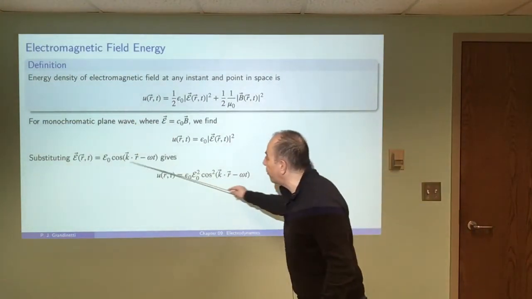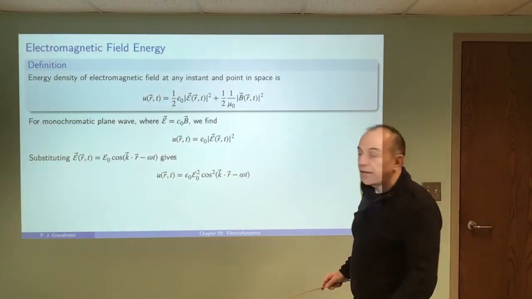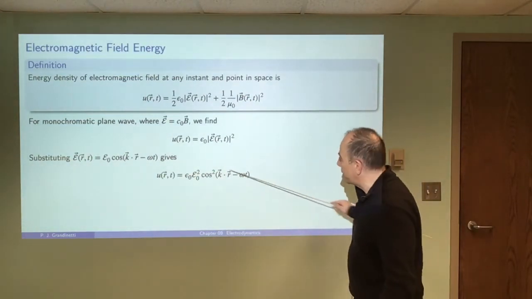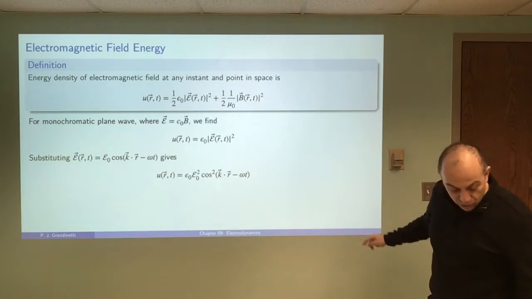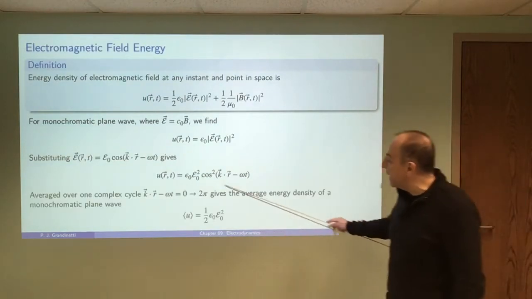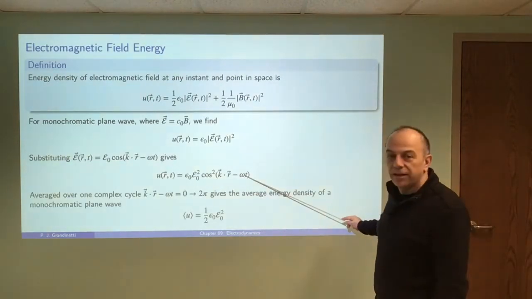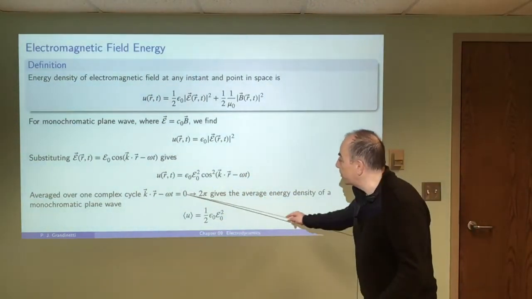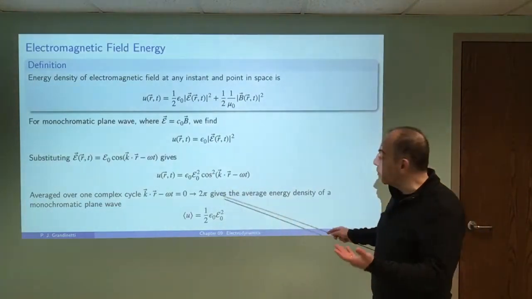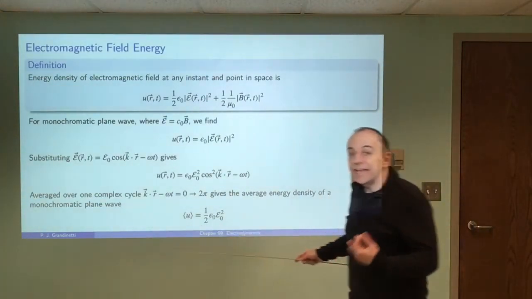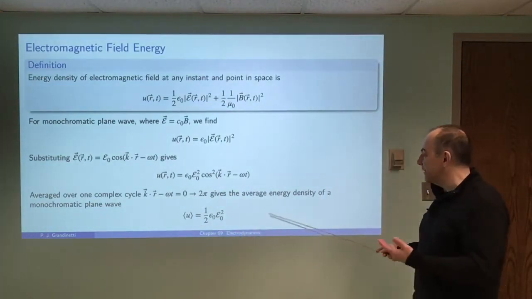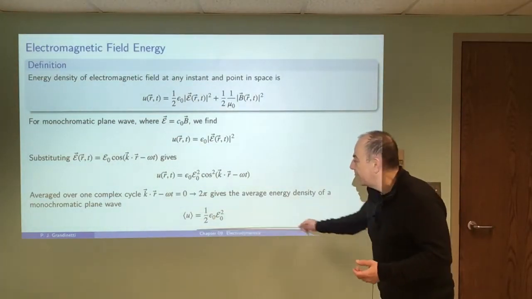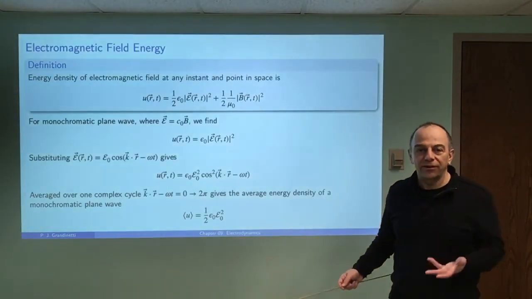We can go further, and we can take the analytical wave function, plug it into this expression, and square it. And then if we integrate it over one cycle of this cosine argument, so in other words, from when this argument goes from 0 to 2 pi, the integral over that is going to give us the average energy density for a monochromatic plane wave, which is given simply by the amplitude of the electric field squared.